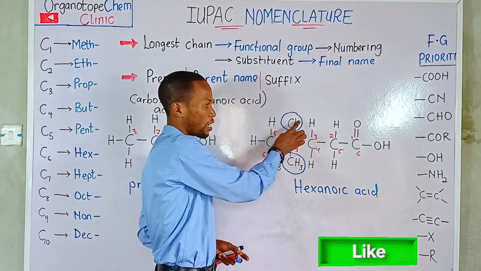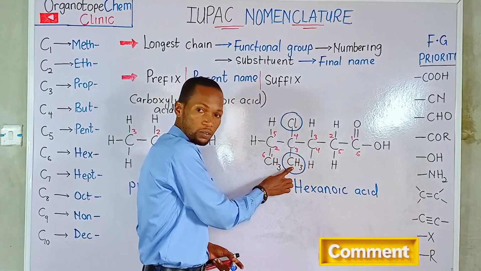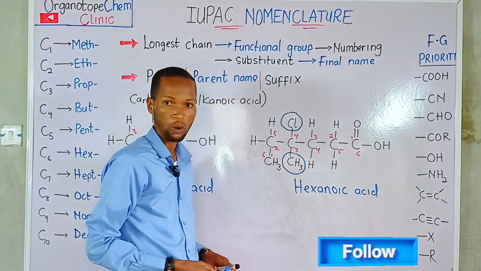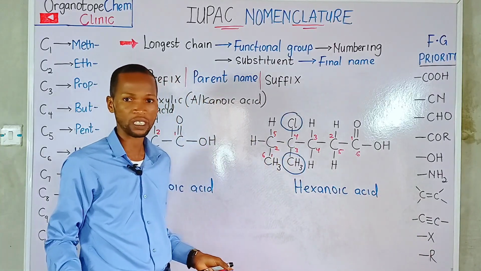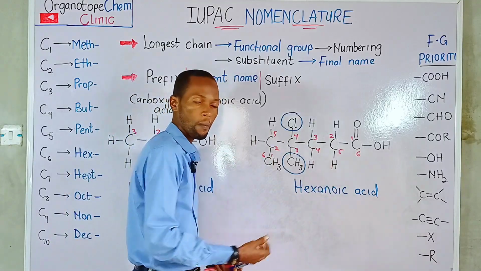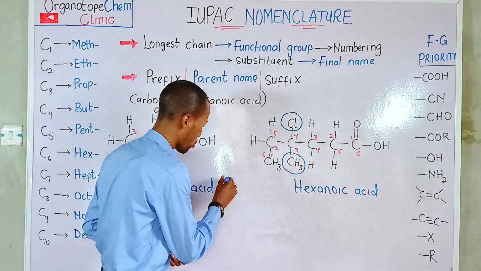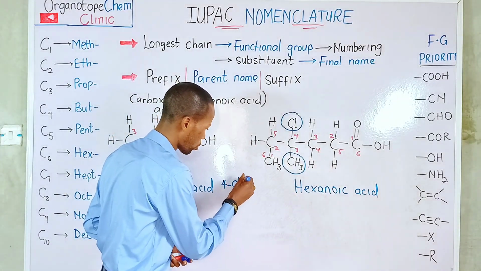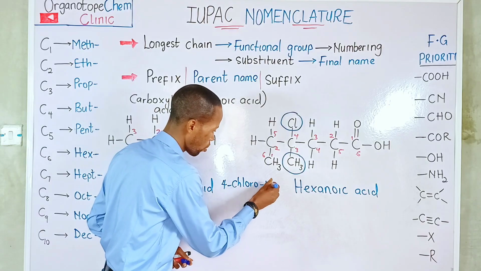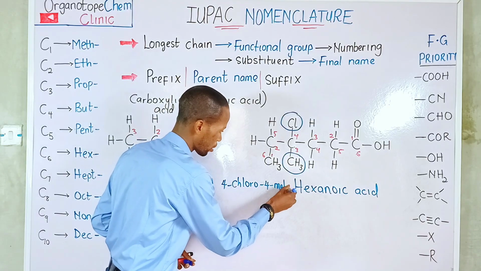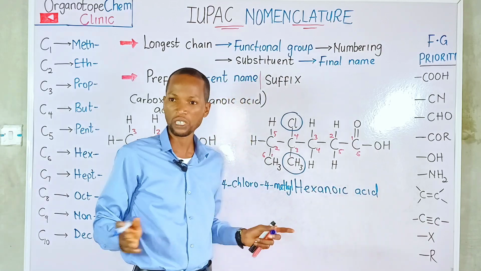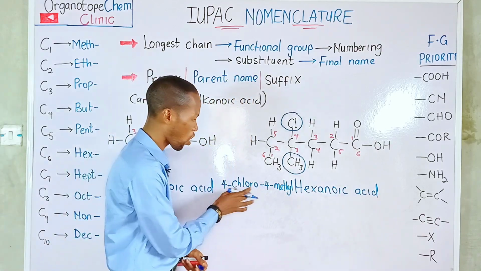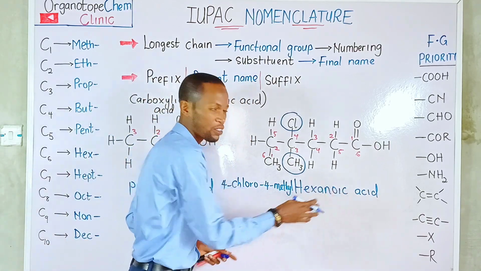The substituent group here is a chloro, while the substituent group here is a methyl group. The chloro and the methyl, we are expected to arrange alphabetically. So chloro before methyl. Therefore, we have 4-chloro, 4-methyl hexanoic acid. So the IUPAC name of the compound is 4-chloro-4-methylhexanoic acid.